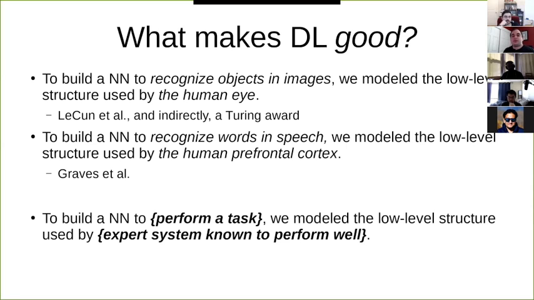So deep learning people call this biologically inspired, right? We looked at how an expert system like the human eye was capable of recognizing objects, and then we replicated that inside of a computer. It's the exact same thing in natural language processing. In order to build a neural network to recognize, for example, words in spoken speech, we modeled the low-level structure that we see happening in the human prefrontal cortex, which is the area of the brain that neuroscientists hypothesize is responsible for translating speech into symbols in your head.